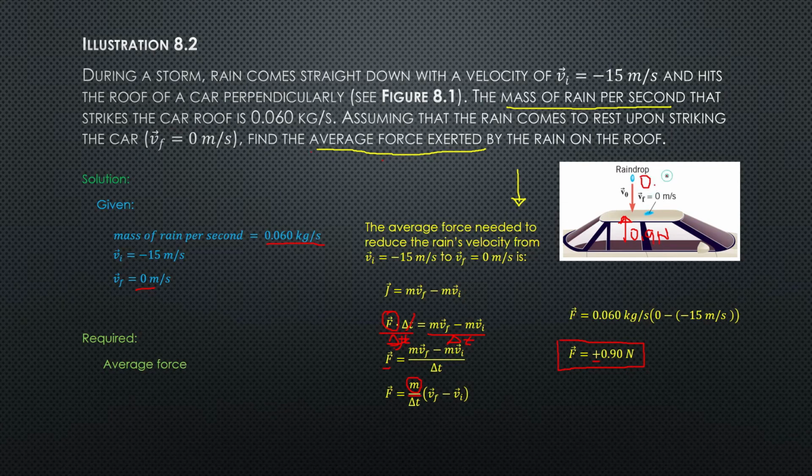But the direction of the raindrop is going down. Therefore, the final answer: the force exerted by the rain on the roof is negative 0.9 newtons.